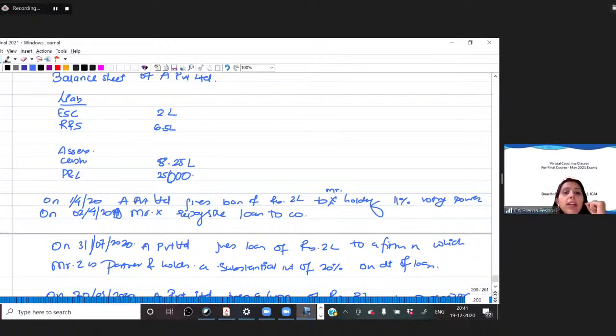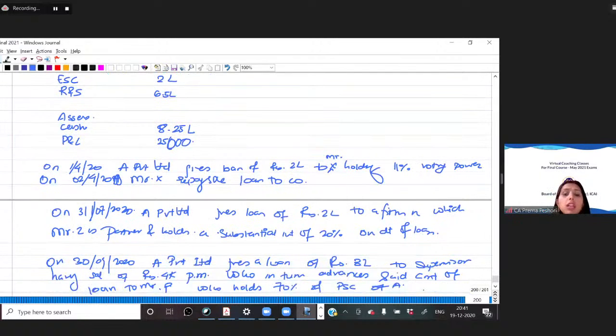Second, 2 lakh given to a concern in which the partner is substantially interested will be taxable in the hands of Mr. Z, right, who is the shareholder. So that 2 lakh amount will again be taxable.